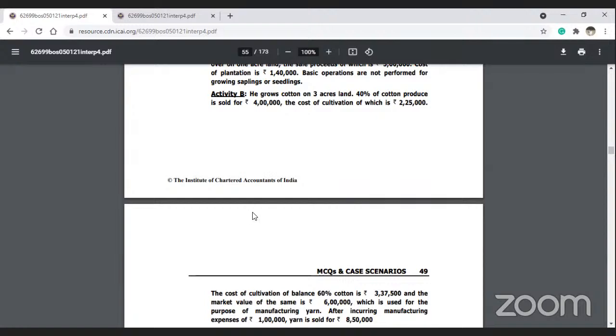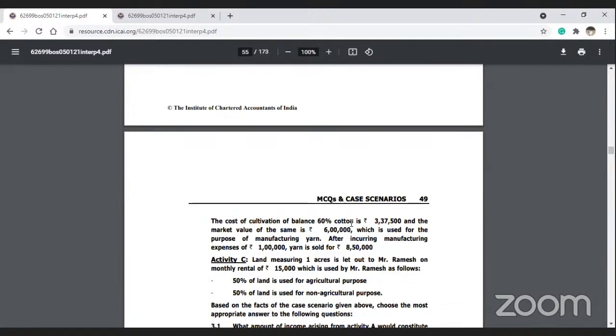And the other is the cost of cultivation of balance 60% is 3,37,500, and the market value is 6 lakhs, which is used for manufacturing yarn. And after incurring manufacturing expenses of 1 lakh, it is sold for 8,50,000. So first we'll be reducing 1 lakh from 8,50,000.